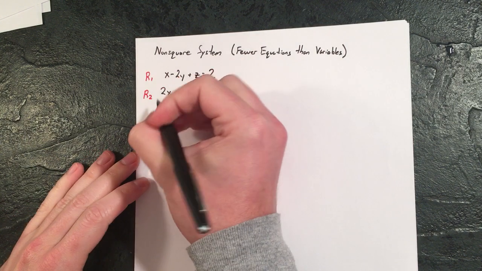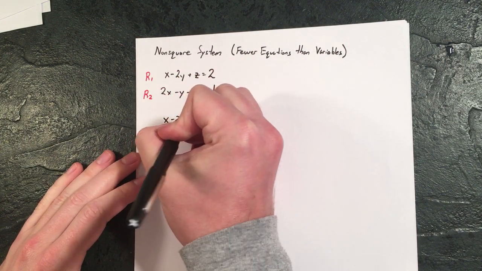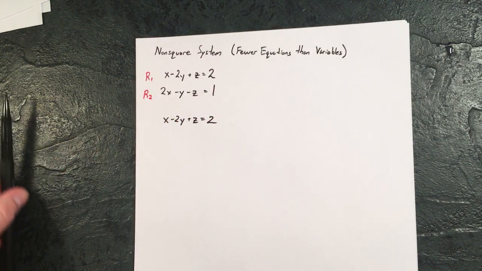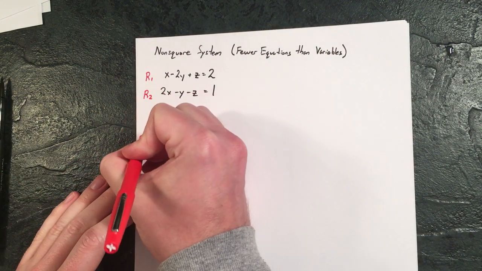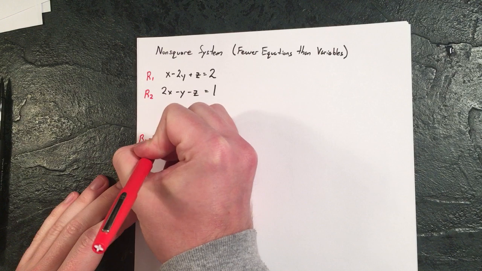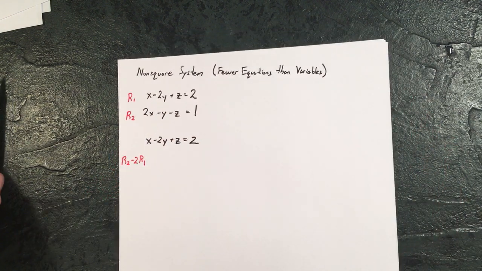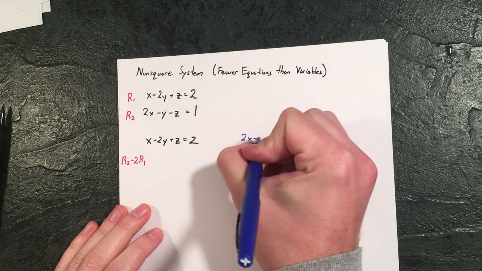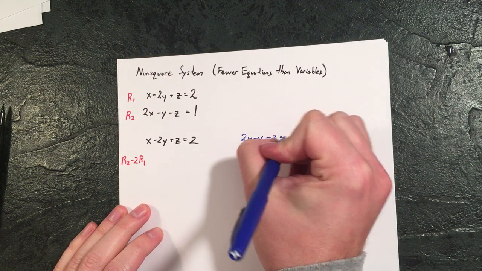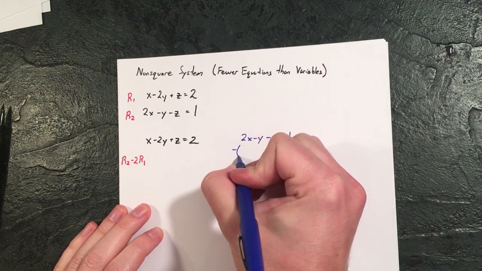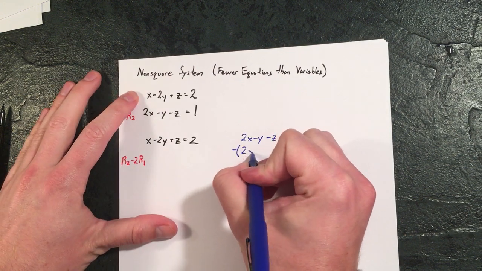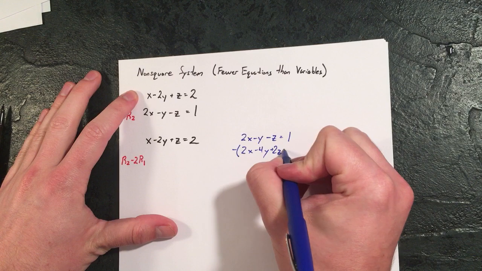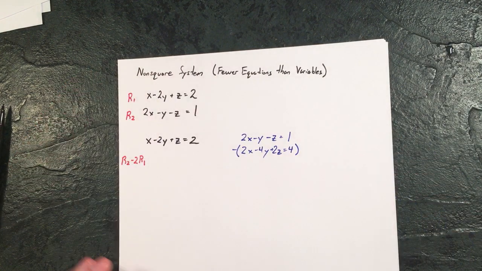So first line stays the same. Next one, I'm thinking row 2 minus 2 of row 1. Let's write that off to the side. And 2 of row 1, that gets us 2x, 4y, 2z, 4.